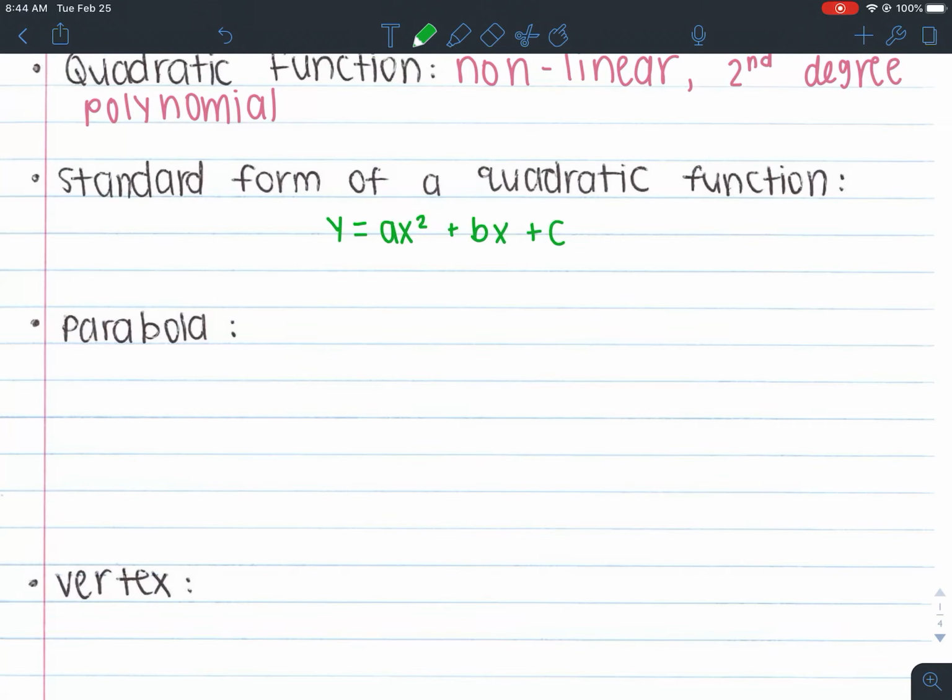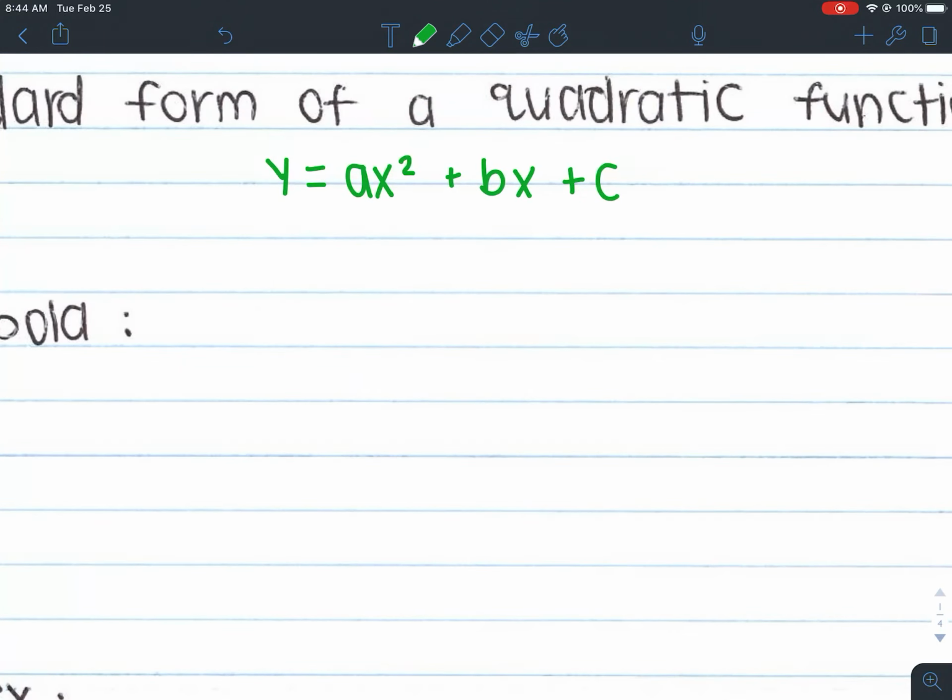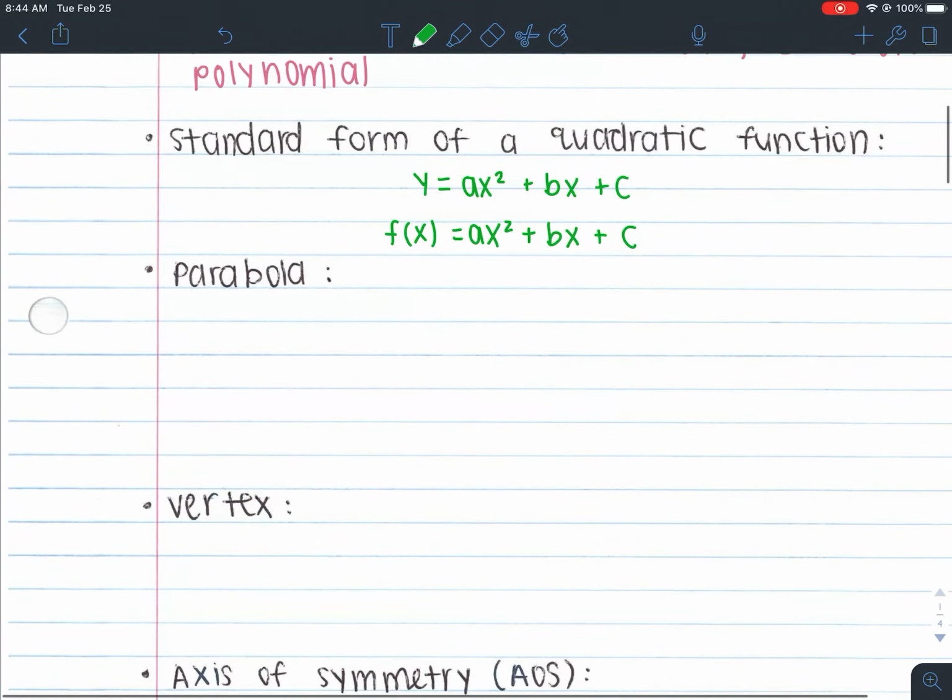This is very similar. But another way we also say y is by saying f of x. So we can also say f of x equals ax squared plus bx plus c. So remember, y and f of x mean exactly the same thing, but one's in function notation, whereas y is just in the simple variable form.